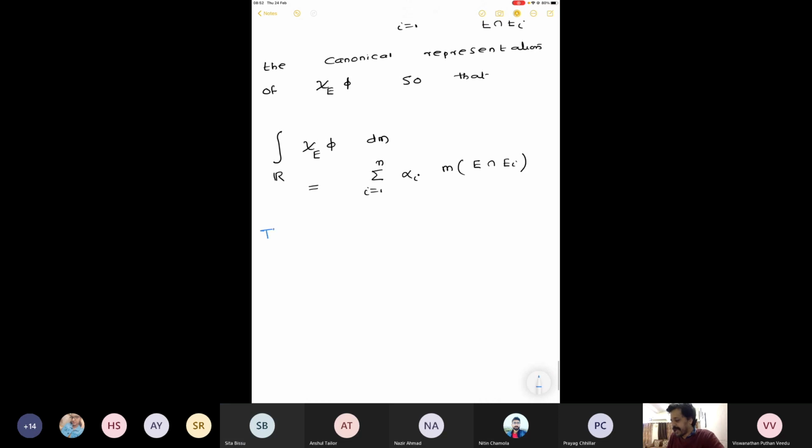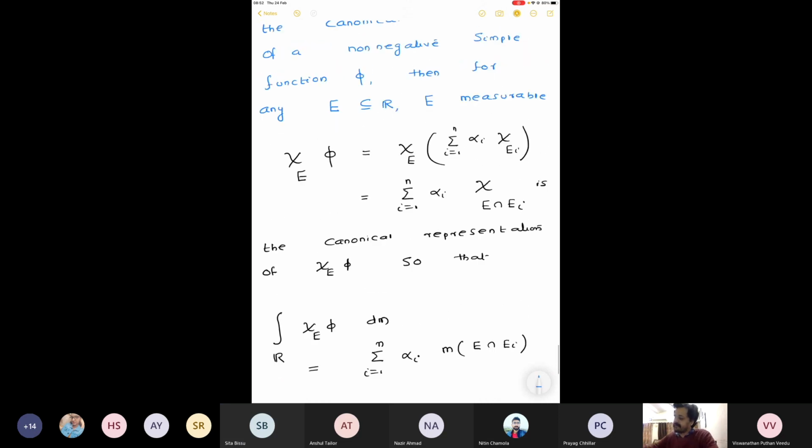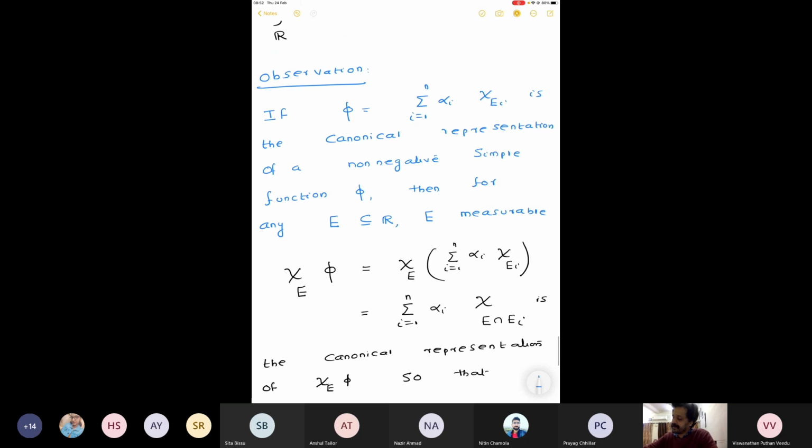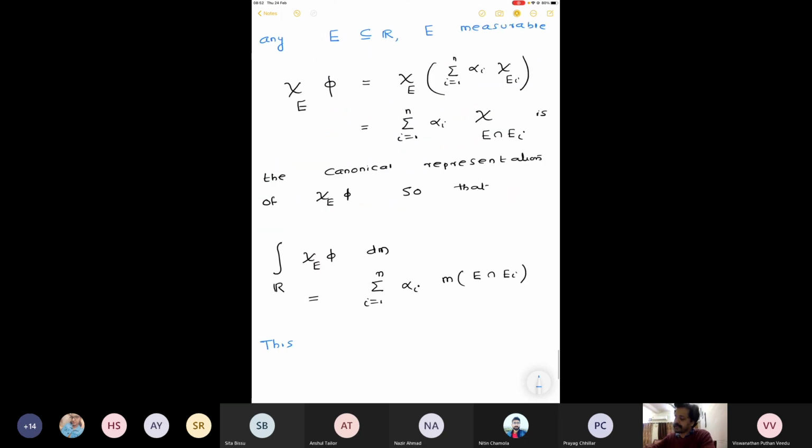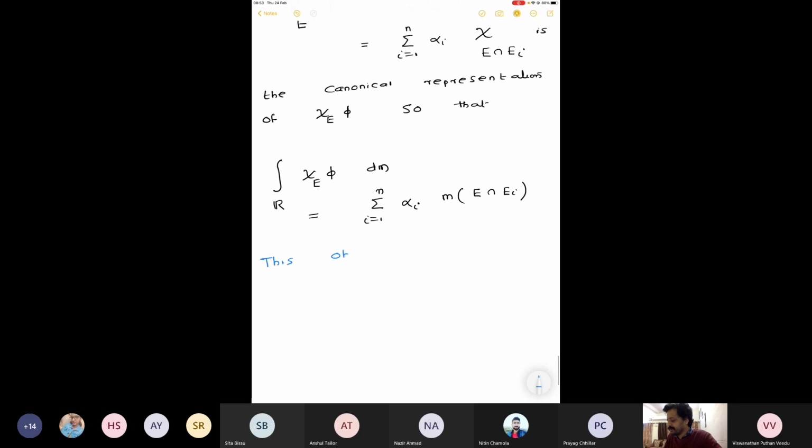This observation, so I have made an observation here. Once I have a simple non-negative function, I can multiply it with a characteristic function. I will again get a simple non-negative function. I can integrate it. So what? The catch is the following.